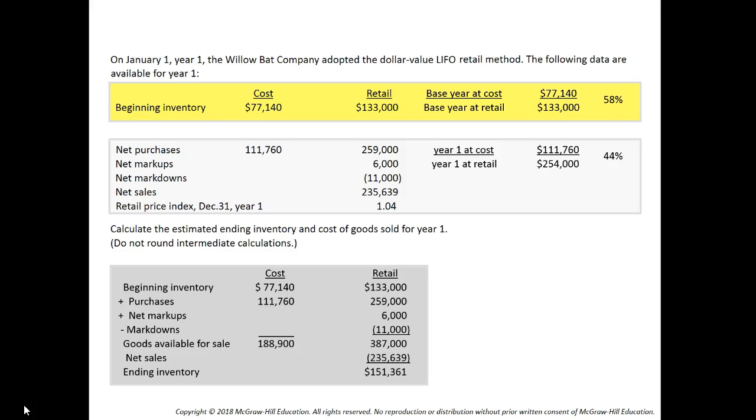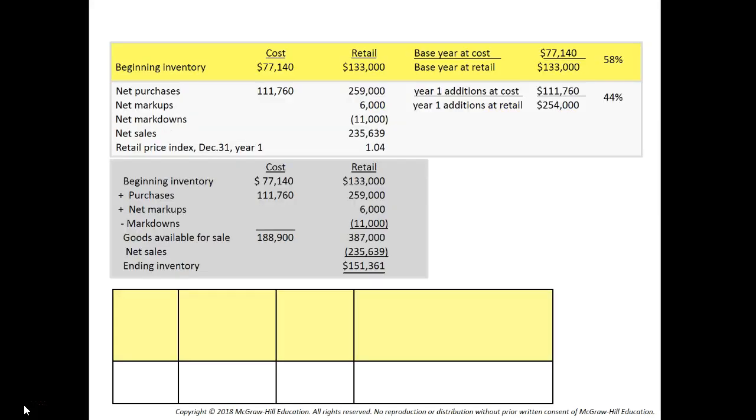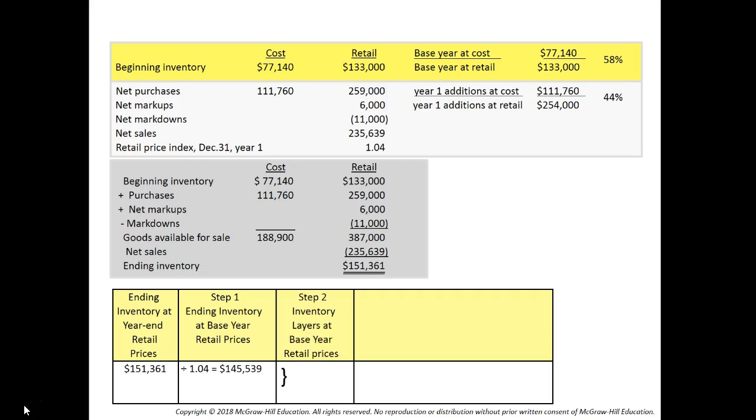Our ending inventory, $151,361. So, ending inventory at year-end retail, divide that by our index, gives us our ending inventory at base year retail prices, $154,539.